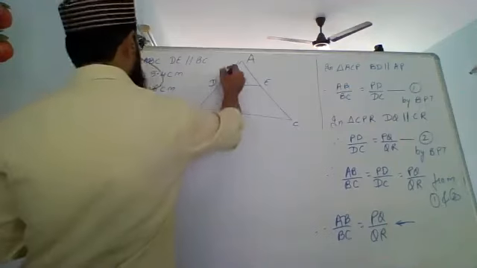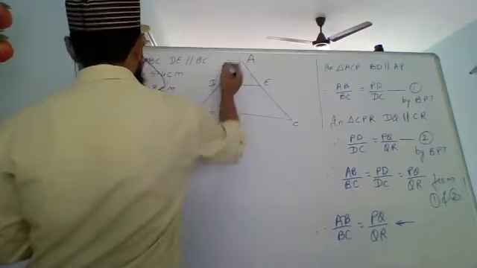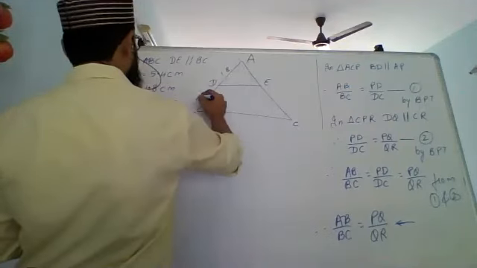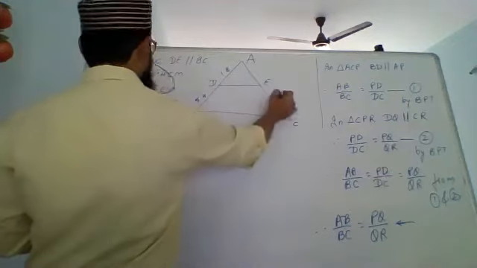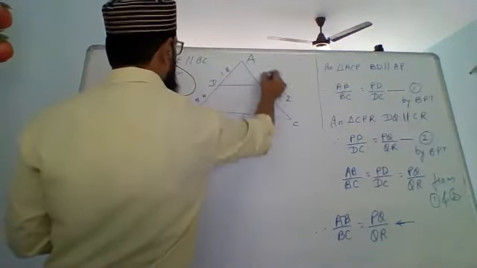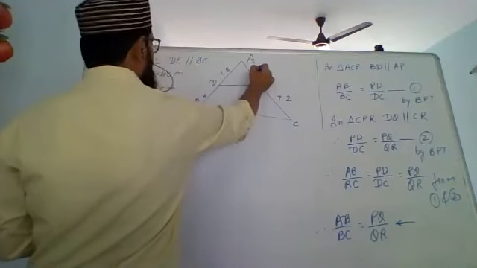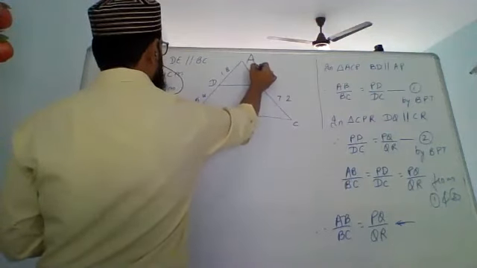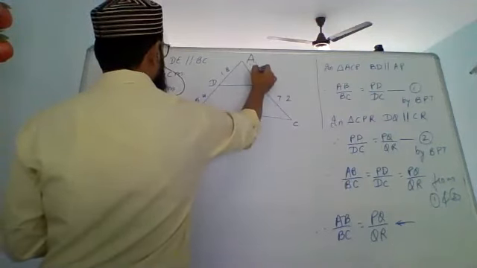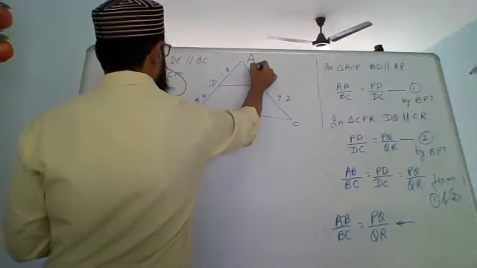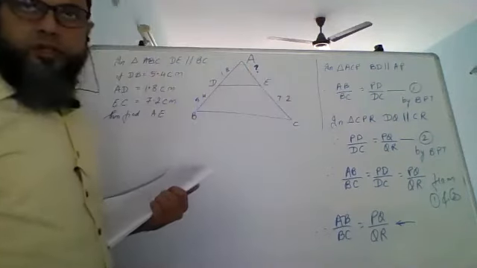So they have given you AD, which is 1.8. They've given you DB, which is 5.4. EC is given as 7.2. This you have to find out. Question mark. This is what is given to us.